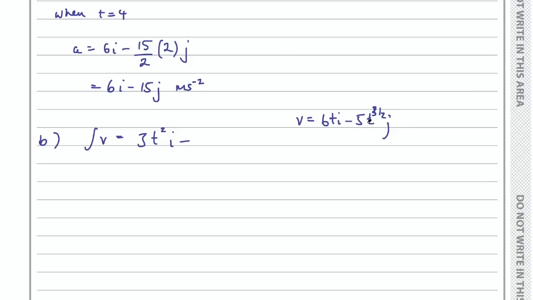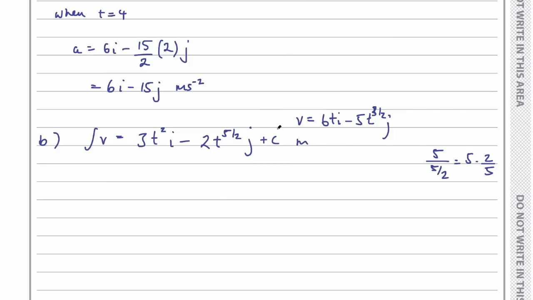Divide by 5 on 2. 5 divided by 5 on 2 is like 5 times 2 on 5. So those 5's would cancel. So we'd have 2 times t to the power of 5 on 2 j meters. That's our position vector, plus, actually, almost forgot, plus that constant on the end.